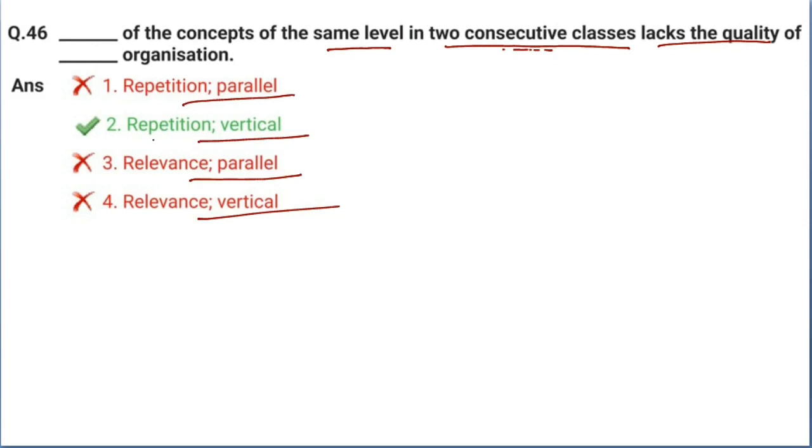Option 2 is correct, repetition vertical, which means repetition of concepts of the same level in two consecutive classes lacks the quality of vertical organization.